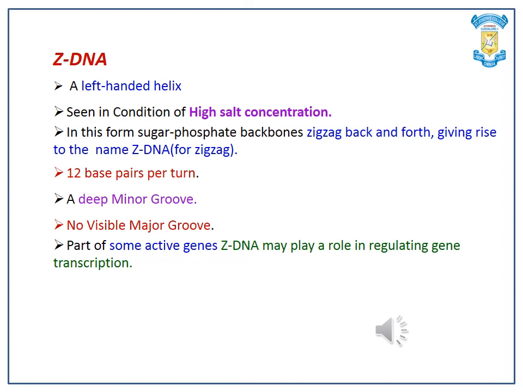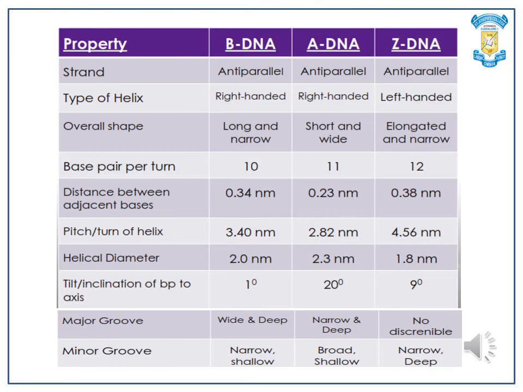It has 12 base pairs per turn, a deep minor groove, and no visible major groove. It is part of some active genes, and Z-DNA may play a role in regulating gene transcription. The table shows the comparison of the different forms of DNA, namely B-DNA, A-DNA and Z-DNA.